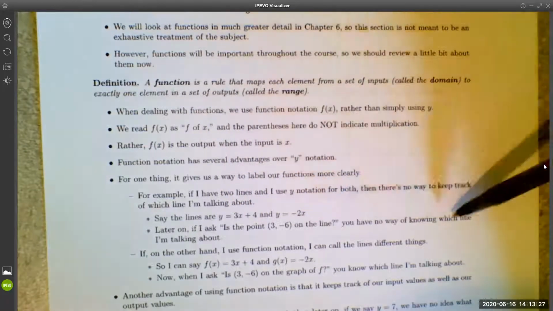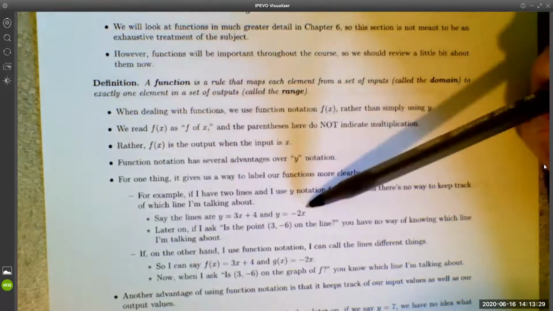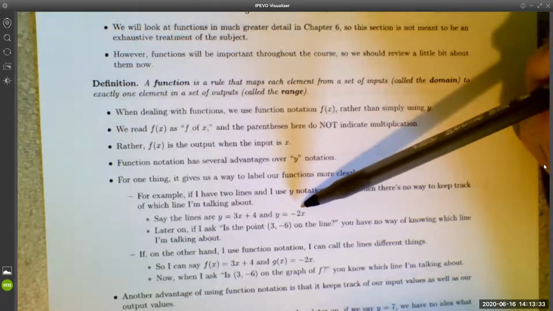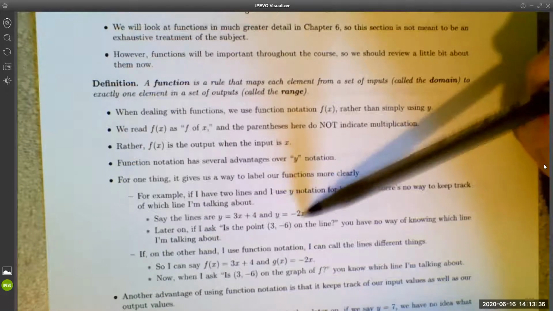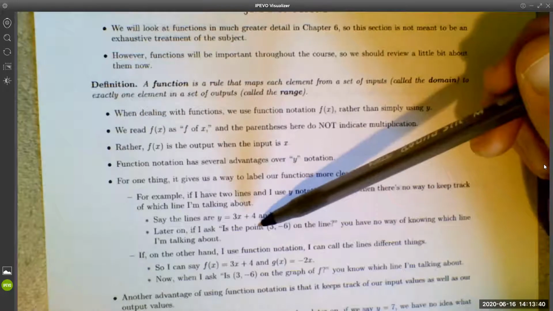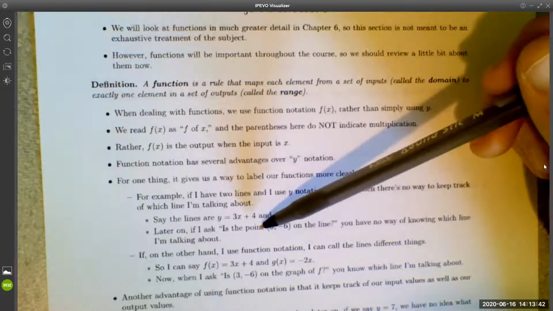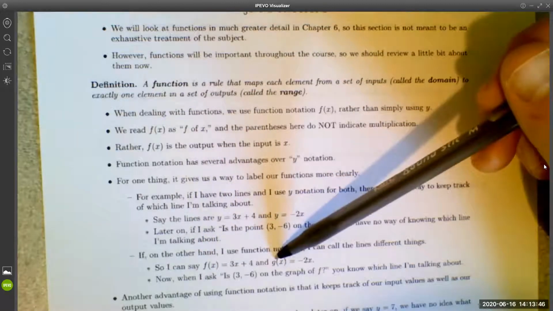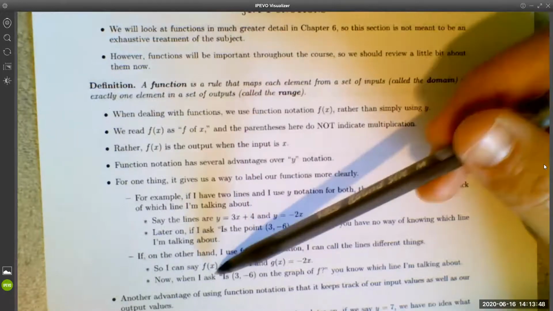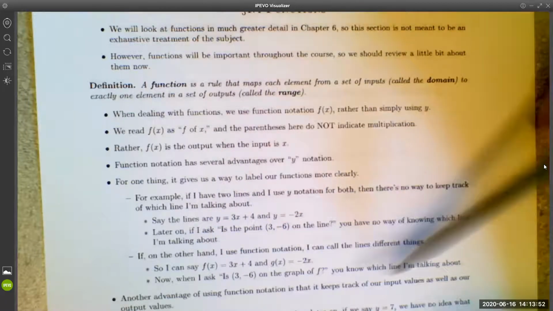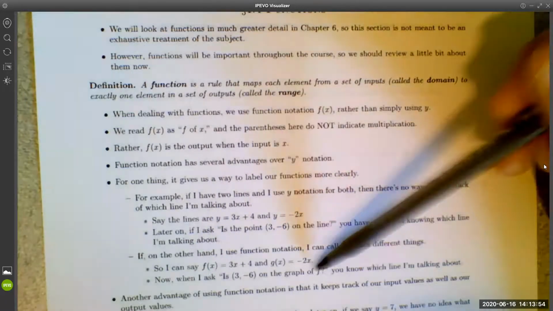Well, you have no way of knowing which line I'm talking about, right? It might be on one of the lines, but it might not be on the other. For example, (3, negative 6) is on the second line, but it's not on the first one. If, on the other hand, I use function notation, then I can call one of the lines f, and I can call the other line g. And so when I ask the question, is (3, negative 6) on the graph of f, you know which line I'm talking about, and you know that the answer to that question is no.